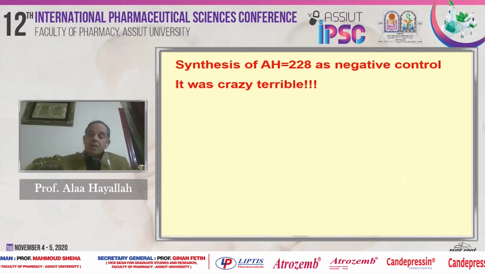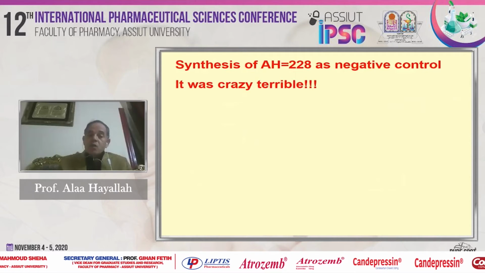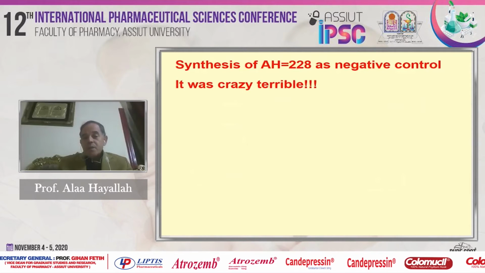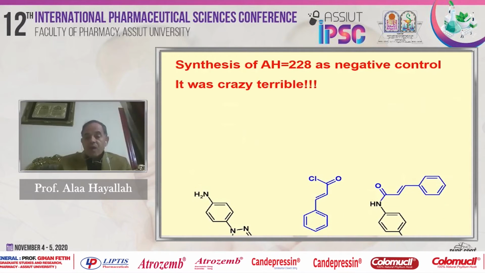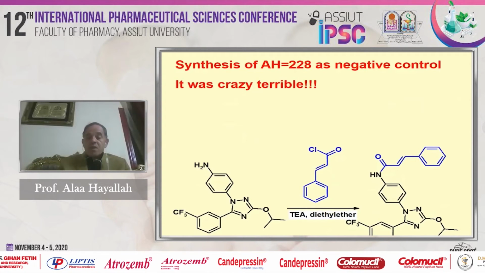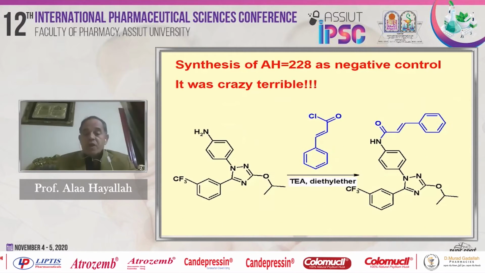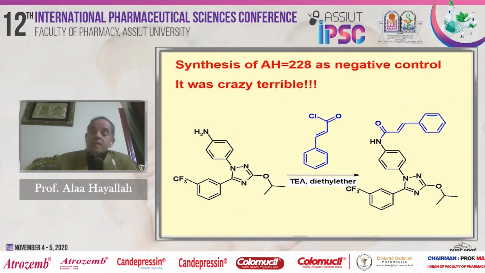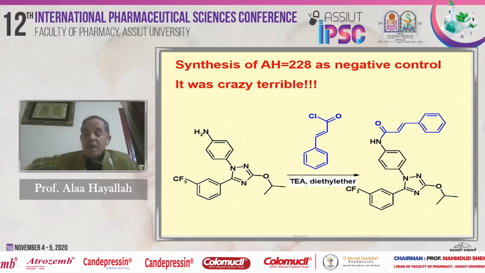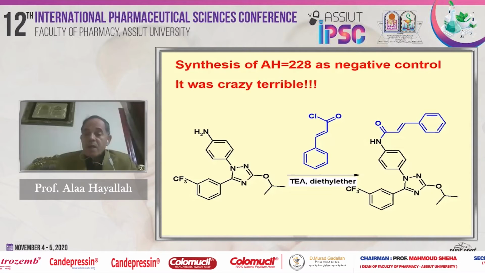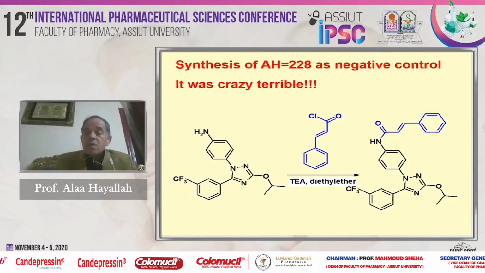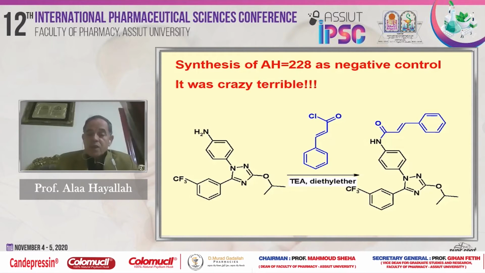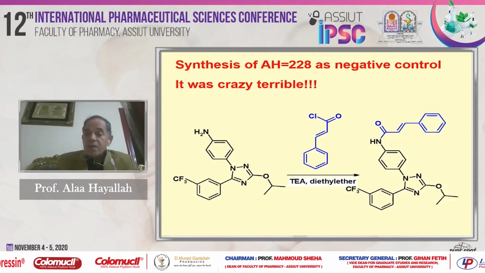We also faced many problems with AH228 as a negative control. It was crazy, terrible, but we did. After many trials, as illustrated in this scheme, to introduce this moiety and replace the methoxy group by an isopropyl moiety, this compound was used as a negative control because it's not active as a cytohesin inhibitor.